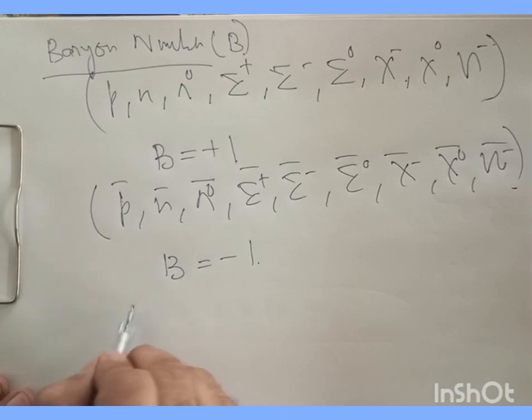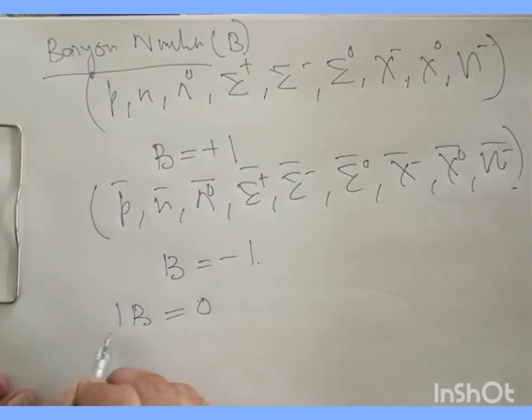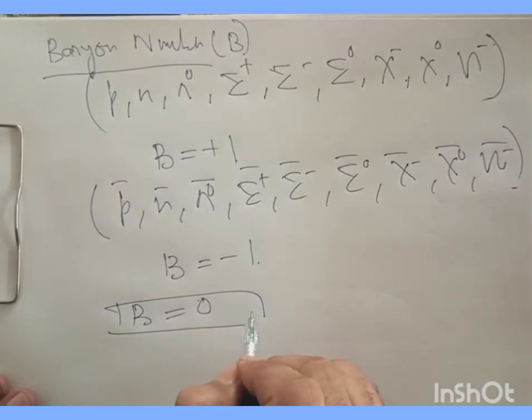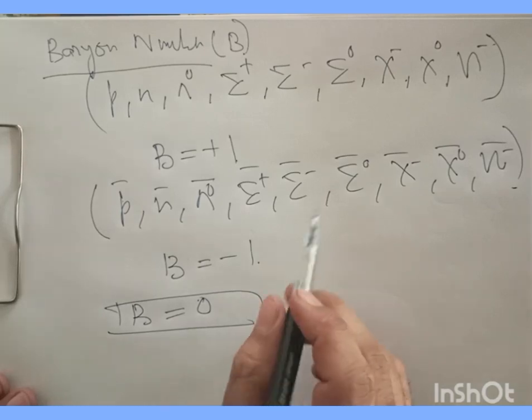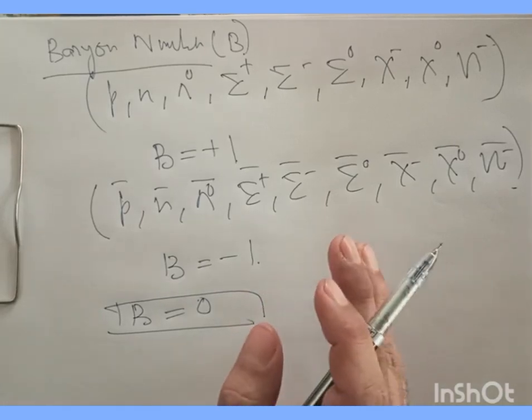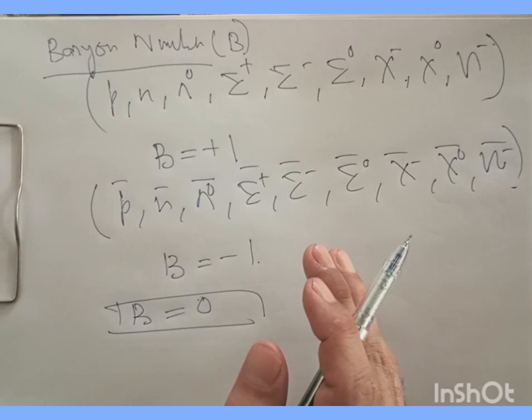And this B is equal to 0 for everything else other than the baryons. So if you talk about the baryon number of leptons, that's always equal to 0.